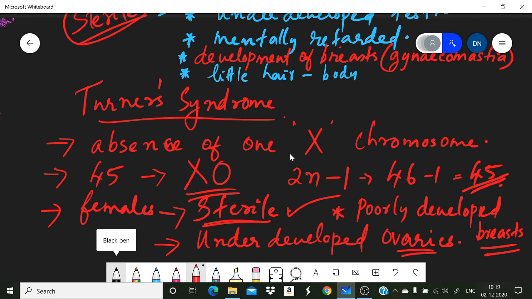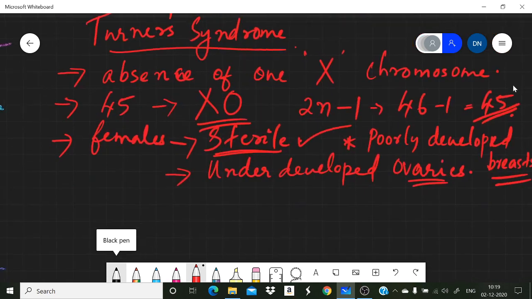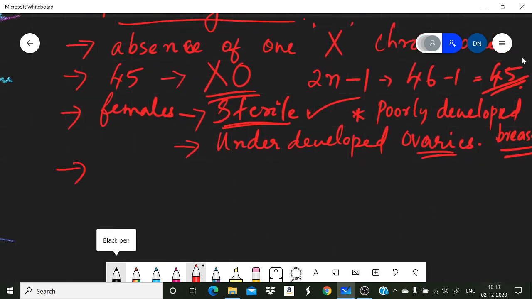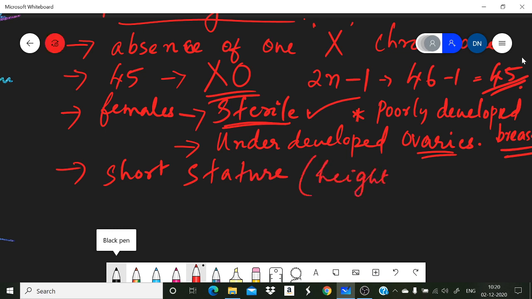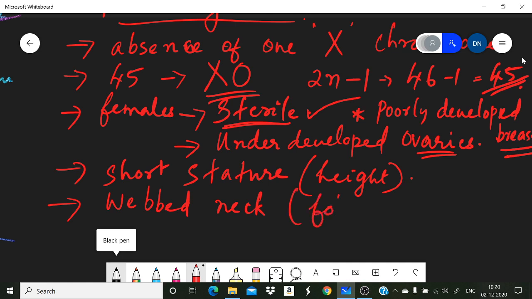And very short stature, very short height, with a webbed neck, that means folds will be there in their neck.